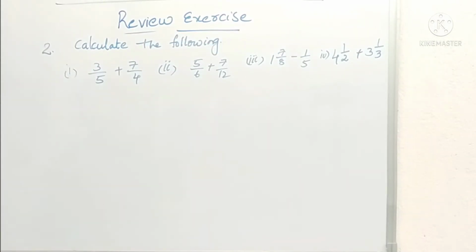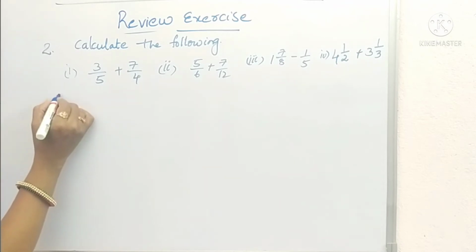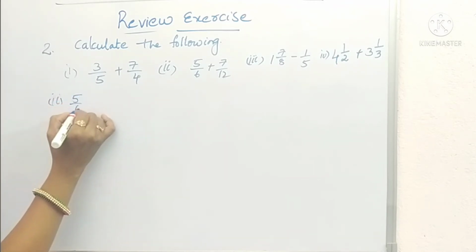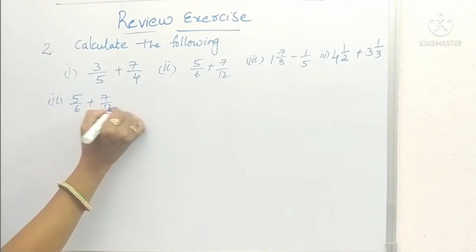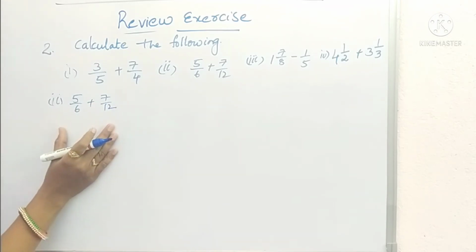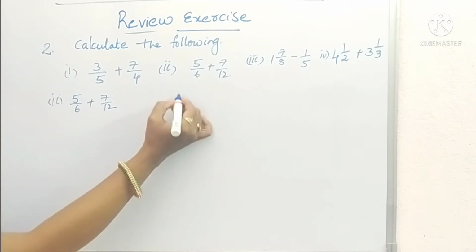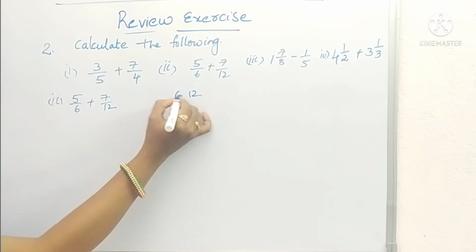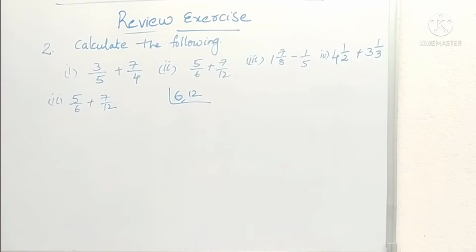Second one, 5 by 6 plus 7 by 12. Now for the denominators, we have to calculate the LCM. How? 6 and 12 have a common factor 6, right?